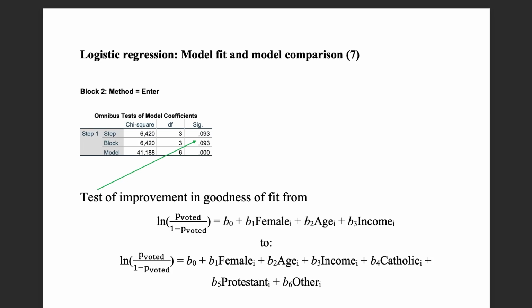So we would not be able to reject that null hypothesis if we were working strictly with an alpha of 0.05. In other words, a multi-parameter test of the null hypothesis that the three dummy variables we use for religious denomination are 0 in the population shows that we can't reject that null hypothesis.